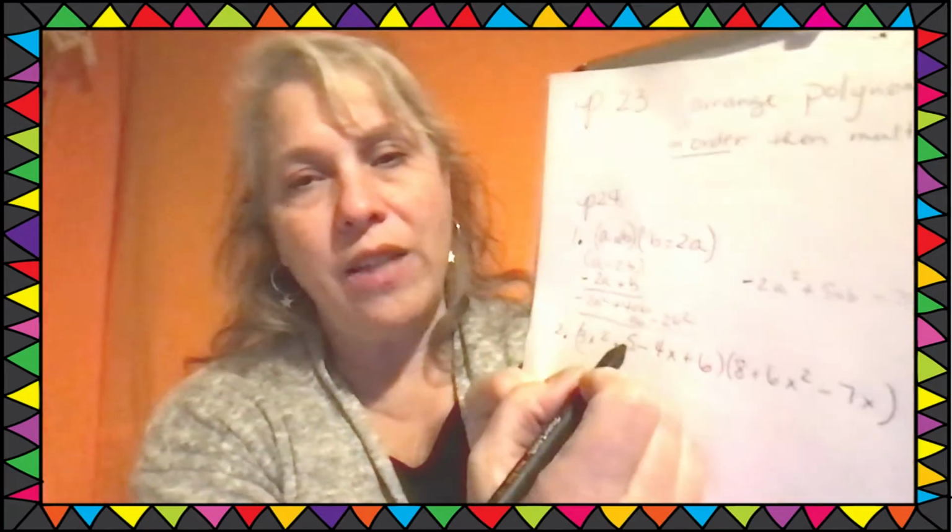Now the next one is number 2, and you can see that I have x squared first, then a whole number, then an x, and I have 2 whole numbers, 5 and 6. I can add the 5 and 6 together.